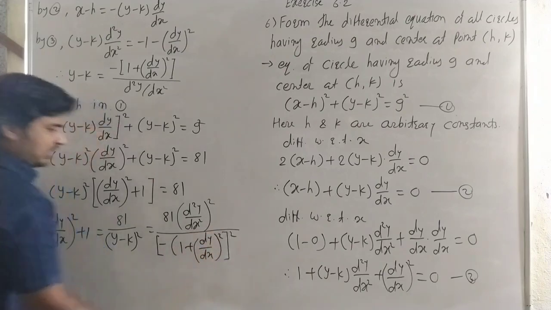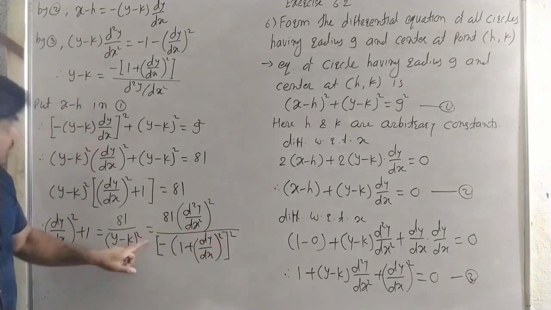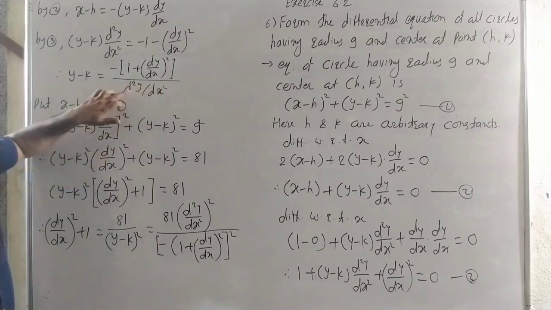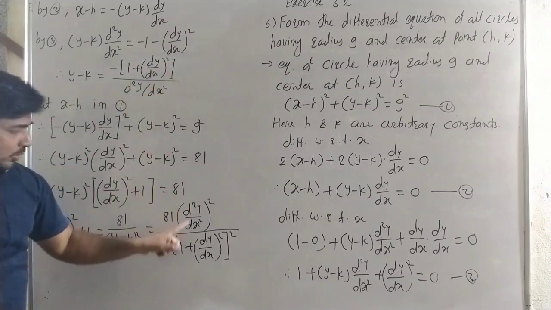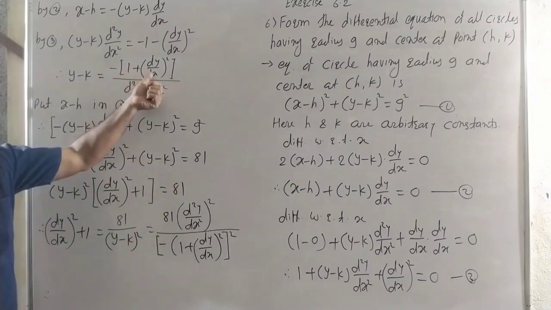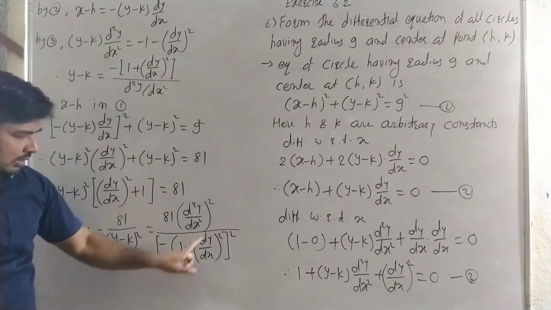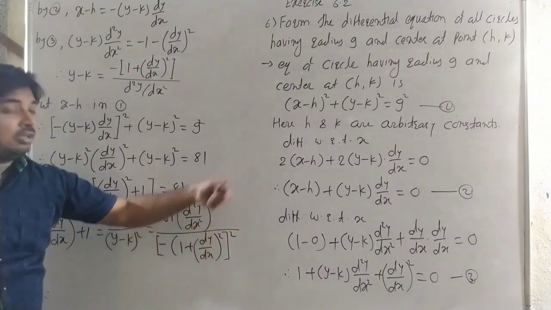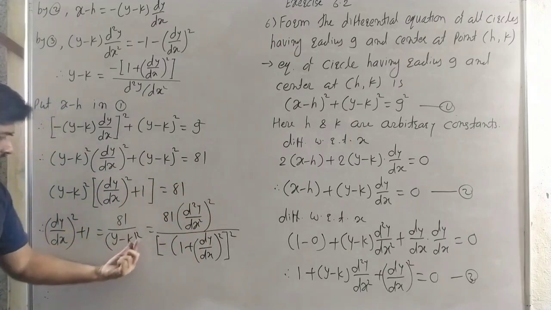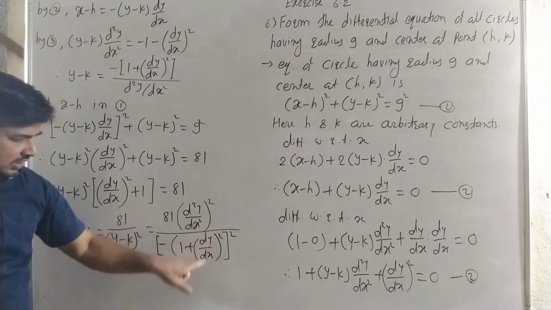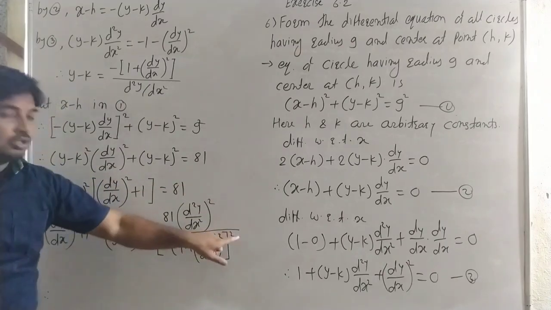See carefully this calculation: y − k is this, d²y/dx² we can write in the numerator, and here it is minus (1 plus (dy/dx)²), whole square, and here square because it is (y − k)².